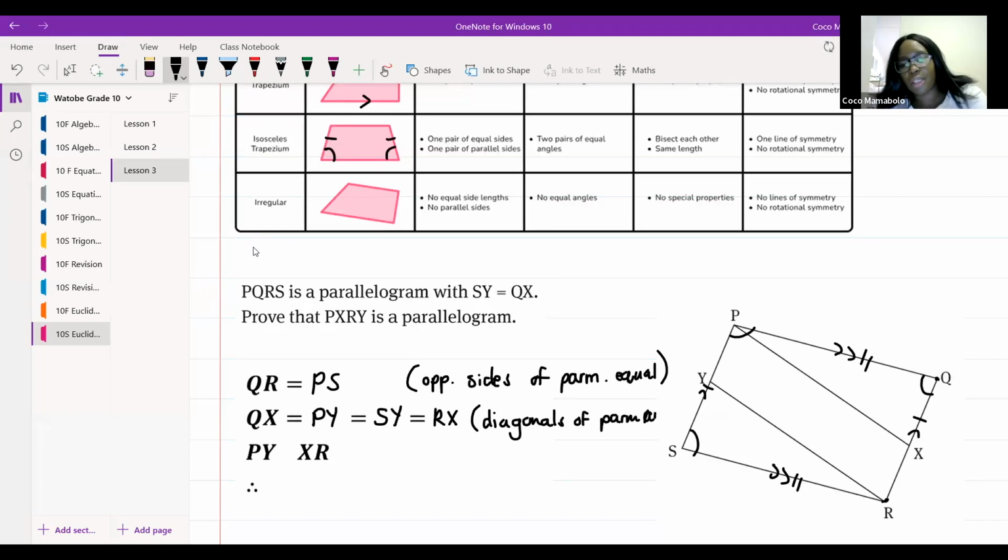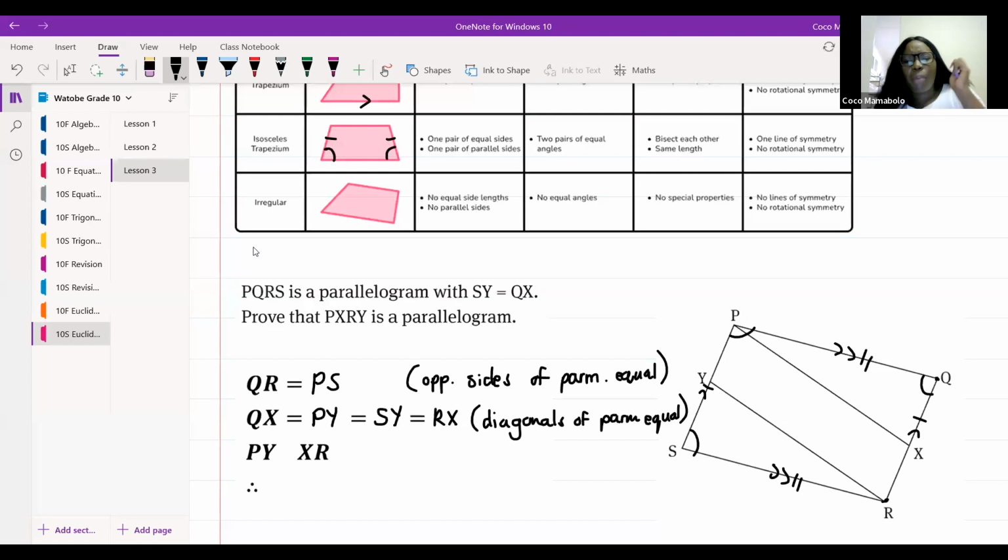All right. One last thing. It says here PY is something to XR. What do we know needs to be absolutely there in a parallelogram? Even if the sides are equal, it could easily be a rectangle.